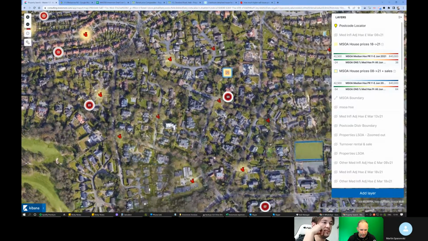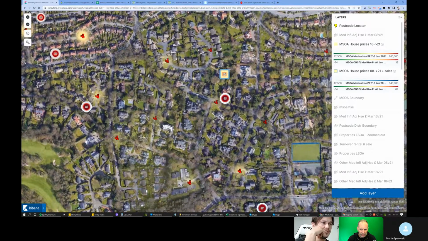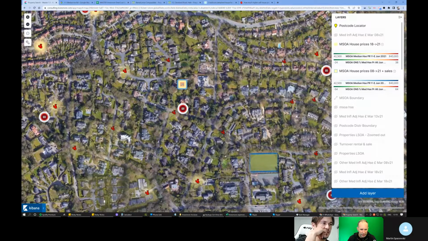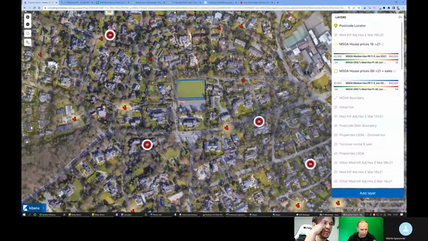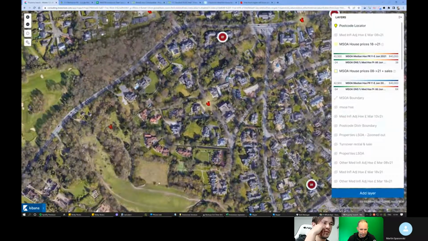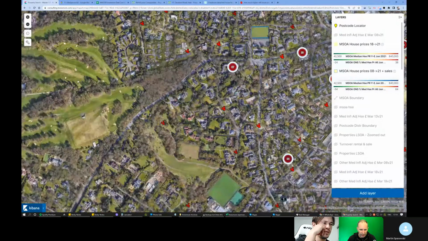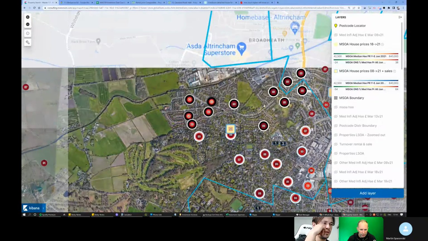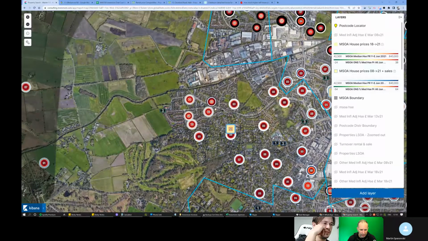The good thing about these kind of areas is you have a mix of nice semi-Ds and big mansions, and that's okay. So it's okay to have the cheapest house in this kind of area because the cheapest house is still a really good area. What's not okay is buying a worker's cottage next to a mansion. That doesn't actually work.